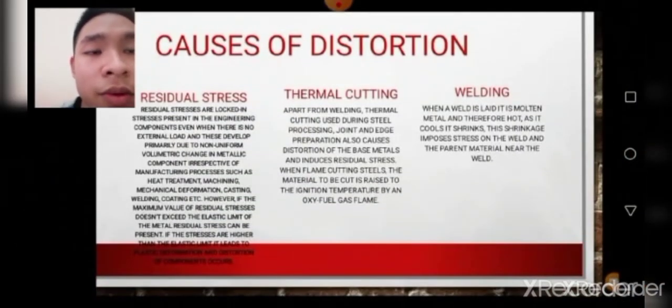And the last part for the causes of distortion: residual stress.